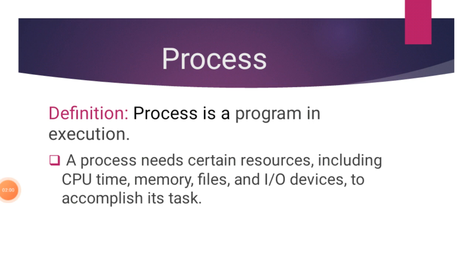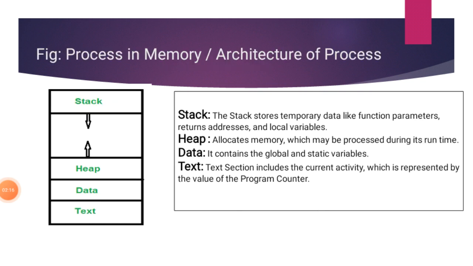A process can be divided into four sections. Whenever the program is loaded into the memory, it becomes a process. Now how are we going to draw, or assume, the architecture of a process? On this slide we can see a diagram of a process in memory, or an architecture of a process.